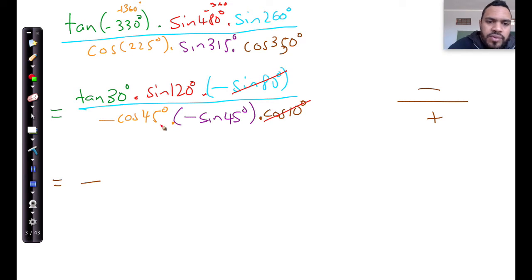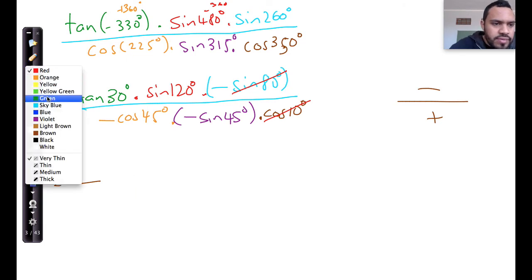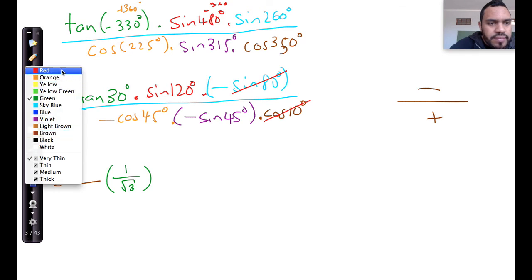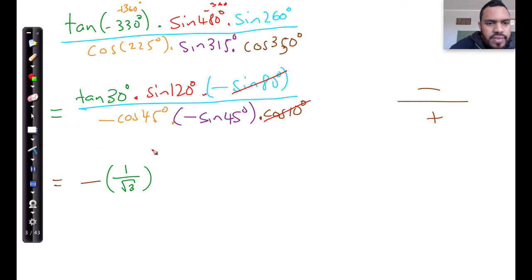The rest of this happens to be special angles that I'm going to substitute in. Tan of 30 is 1 over root 3, multiplied by sine of 120. I need to simplify that first. That's in the second quadrant, so sine is positive.